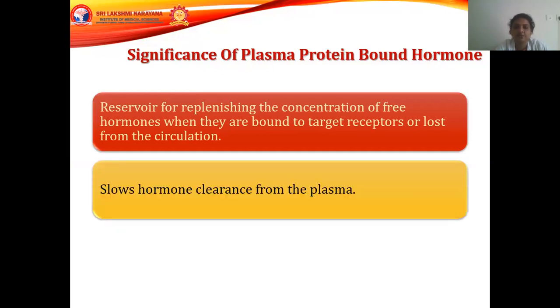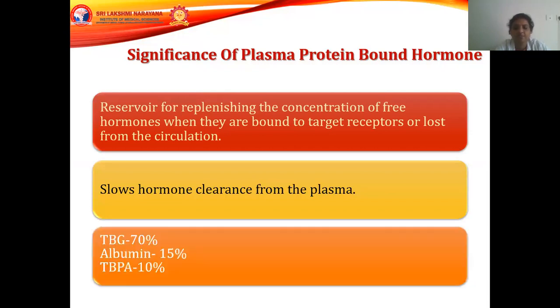So this also helps in slowing down the hormone clearance from the plasma. And what are the proteins that are involved in this binding? It is the albumin, the globulins, and the TBPA proteins.